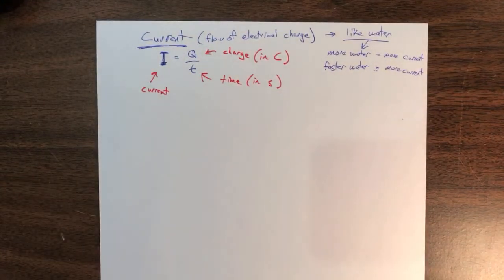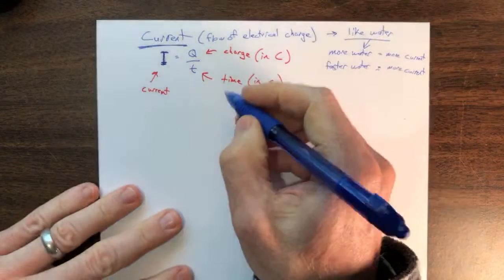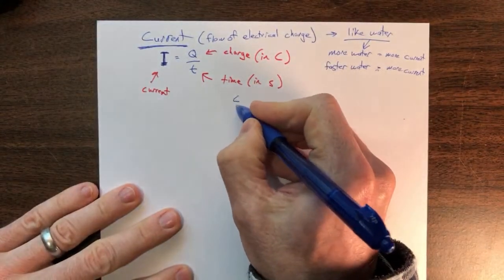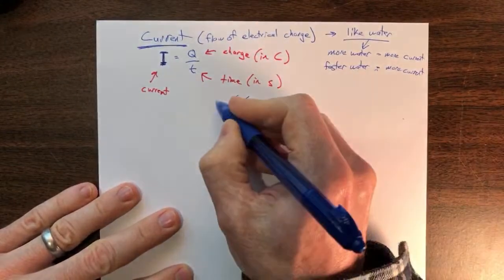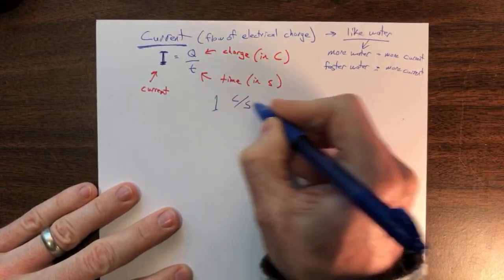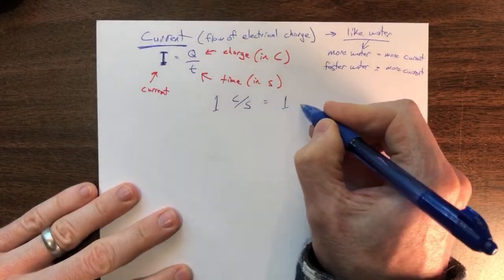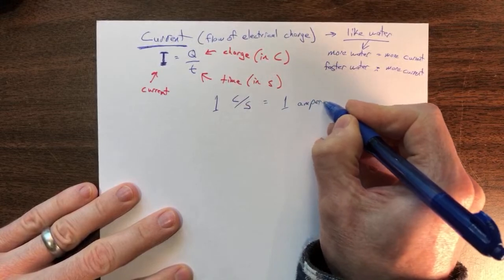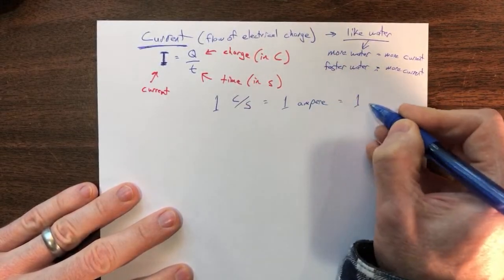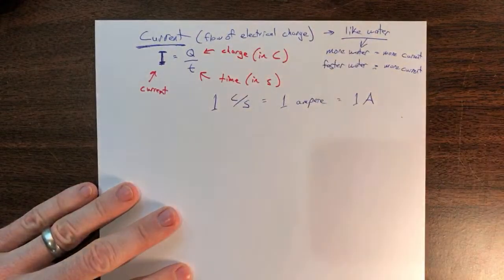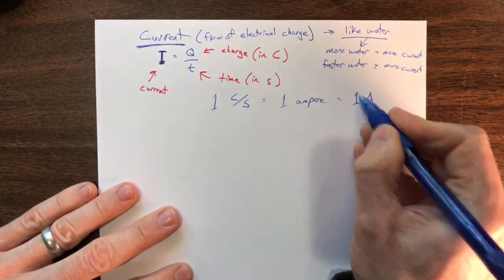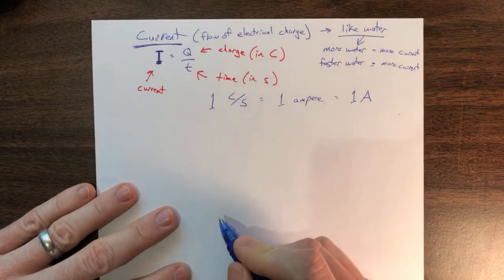All right, and so your units are going to be coulombs per second, right? And 1 coulomb per second is defined as 1 ampere, or 1 amp.